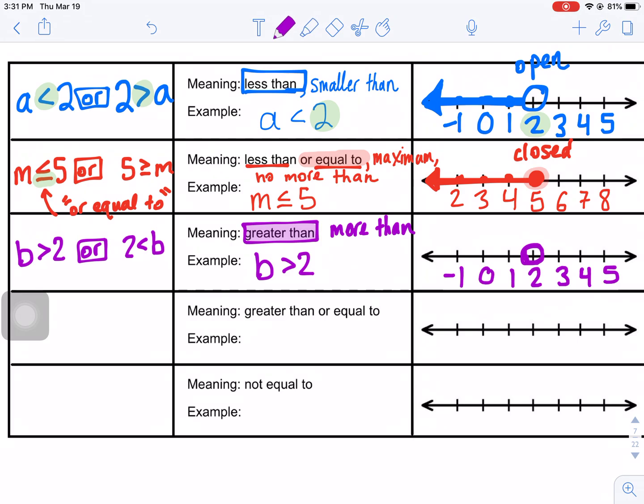So that includes 3, 4, 5, and every other number in this direction. Okay. So our circle is open.